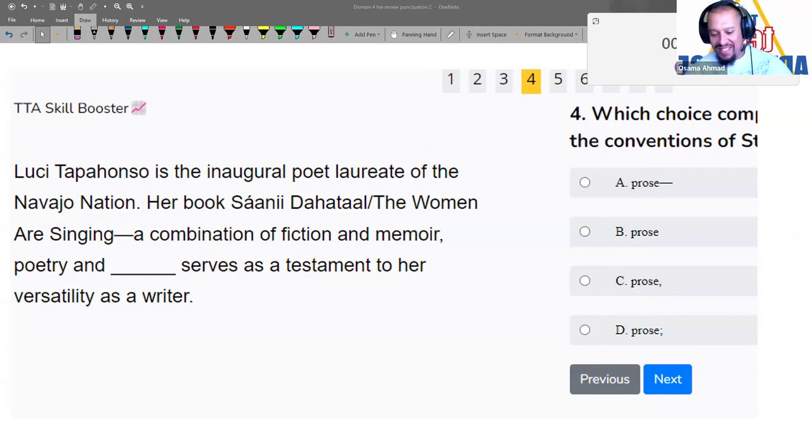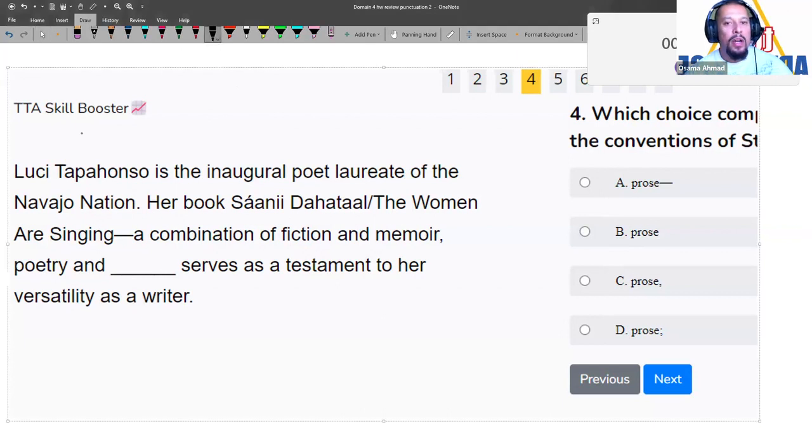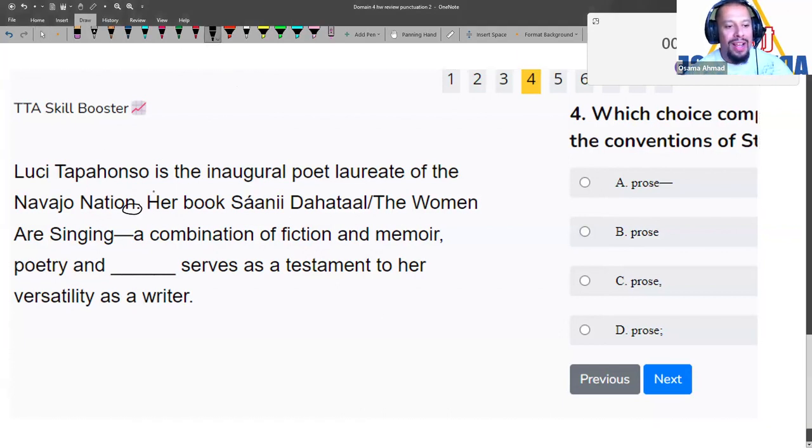Omar, how many independent ideas are in this sentence? Punctuation questions are in-sentence questions, meaning I don't need to go outside of the sentence to get an answer.